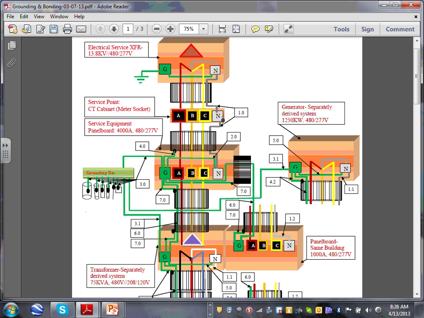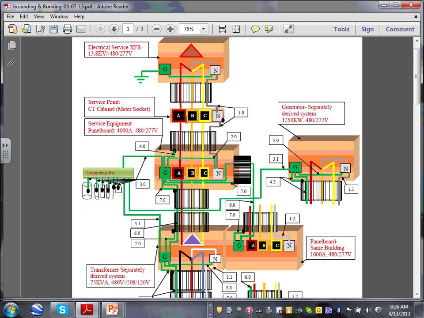You are allowed by code to bond the neutral to the CT cabinet because you are on the line side of the disconnect means. Can you see this little dot here or big dot here? It's supposed to be you're grounding the box, the meter box, using what? The neutral. That's allowed by code to ground the meter box using the neutral, because the neutral is a grounded conductor too. So right here, that is my meter socket.